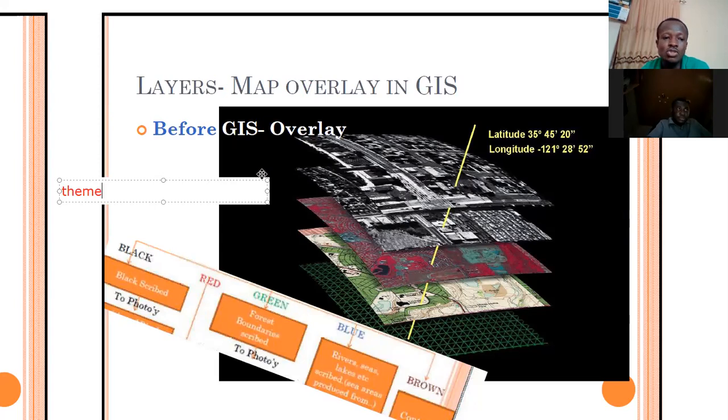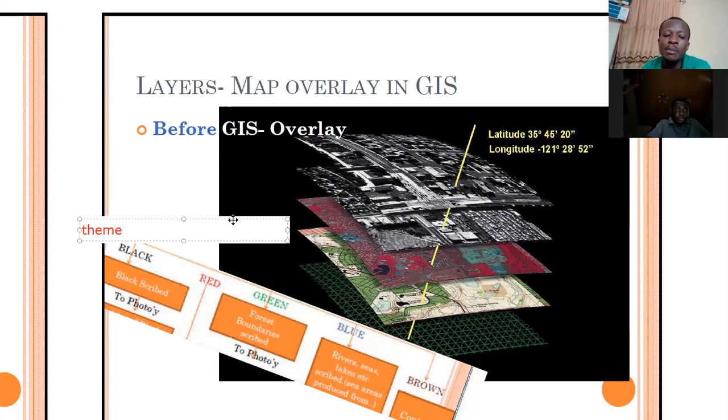So that we can actually do analysis. For example, when we have a points layer of borehole locations, we want to keep it as one layer. But when we have point data on electric poles, we don't want to put it on the same layer, because they are two different themes or topics.